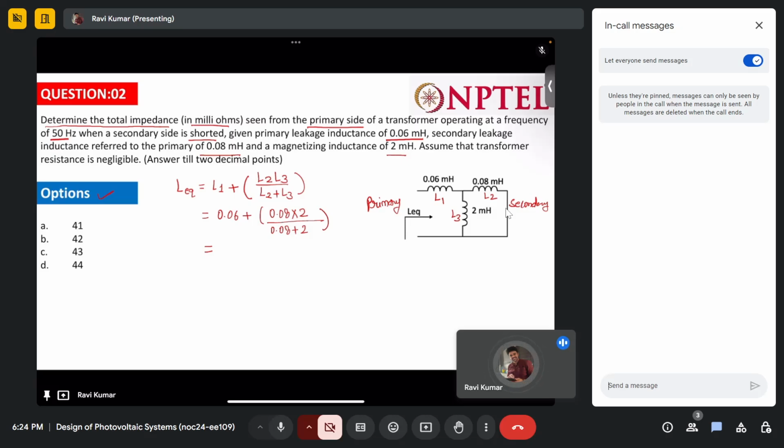It is coming 0.1369 millihenry, L equivalent. It is asking about the inductance.